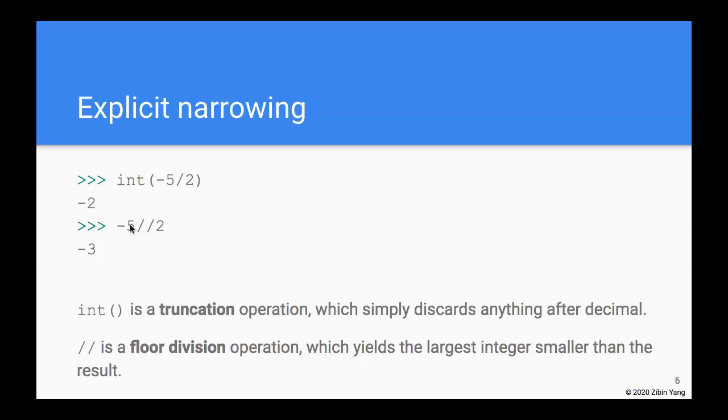So for positive 5 divided by 2, it gives us a 2. However, if it's negative 5, the result is negative 2.5, and the largest integer that is smaller than negative 2.5 is -3, and that's what we see here. So it's a subtle but very important difference.